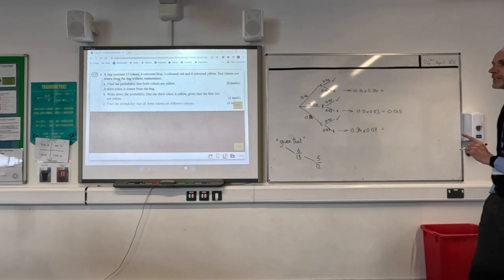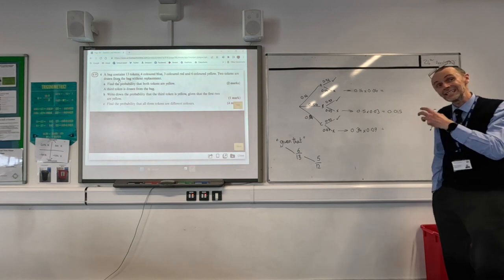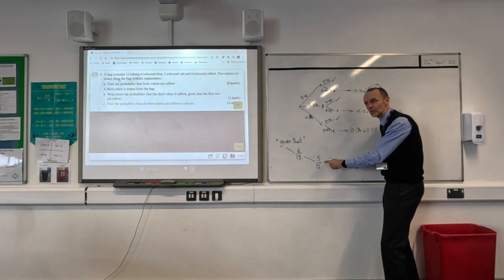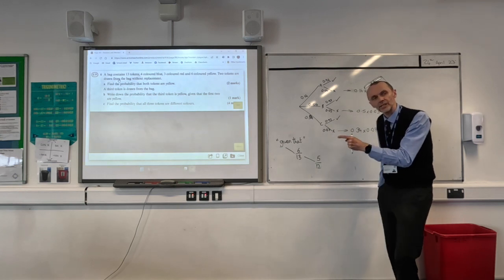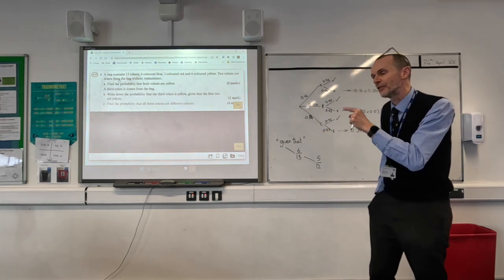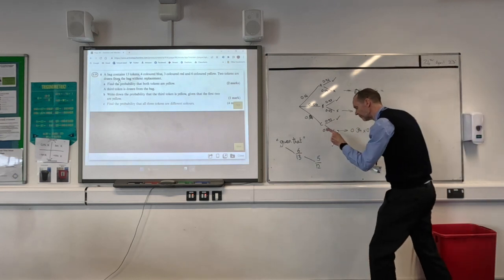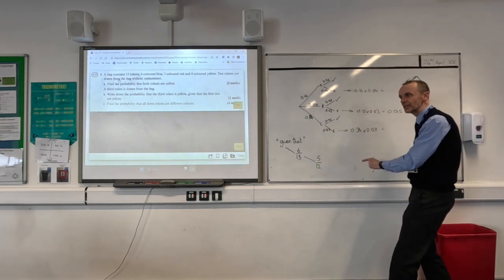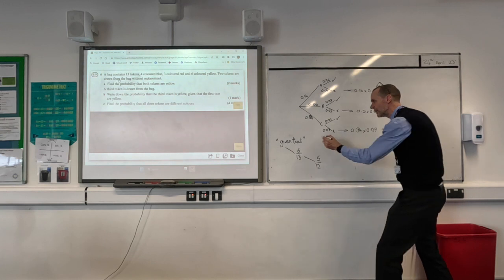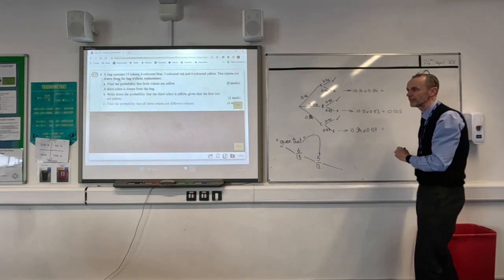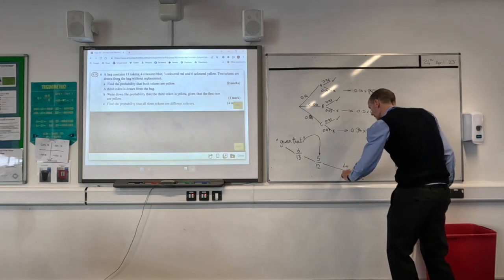So the probability that the third token is yellow, given that the first two are, remember that "given that" tells us that we're already here. Okay? So it's not asking what's the probability that the first 3 tokens are yellow. That would be this multiplied by this next number. Given that means this has already happened, we're only interested in what comes after. So that would be 4 out of 11.